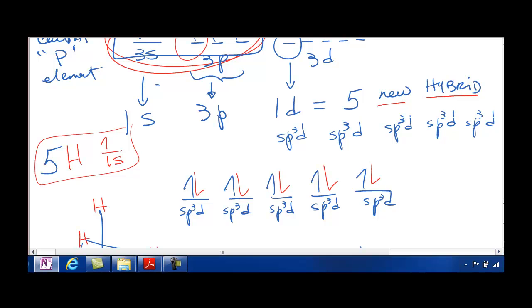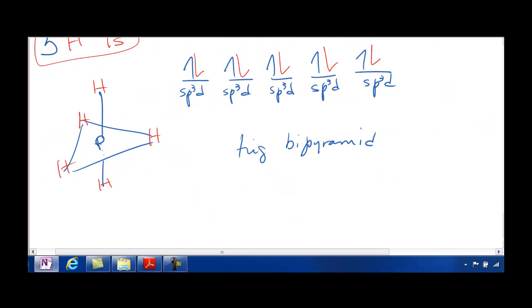And if I combine one s and 3 p's and 1 d, I have a total of 5 new orbitals. Okay, so each one of these is a bond, and each one of these is an sp3d of phosphorus overlapping with the 1s.